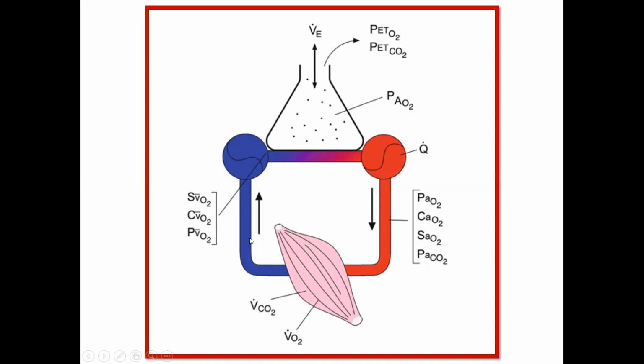Then that will go through the venous circulation into the right side of the heart, and this is where you come up with these numbers. This is your saturation, SvO2, that you typically use. You guys know what this is: mixed venous oxygen saturation. Then the mixed venous oxygen content, and the partial pressure of oxygen in the venous circulation is PvO2. Then it goes to the lungs again, and gas exchange has to occur, and it's a cycle that continues.